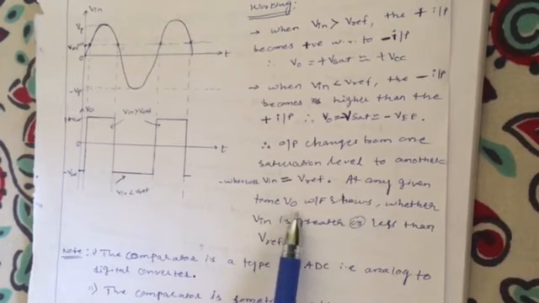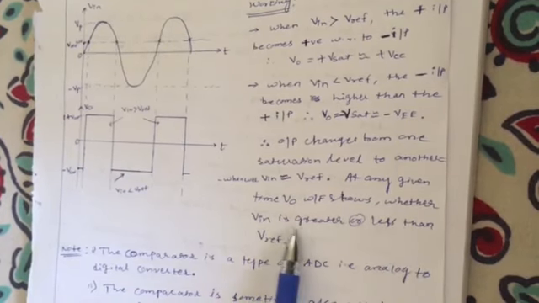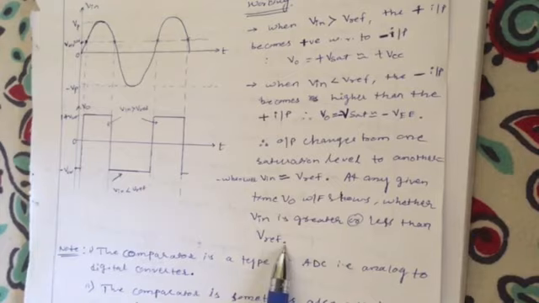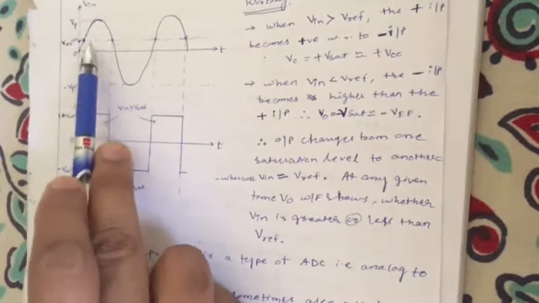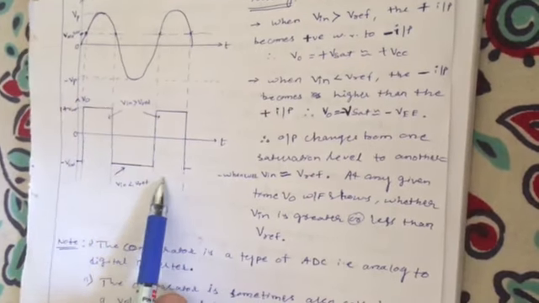At any given time, the V0 waveform shows whether Vin is greater or less than V reference. At any point of time, you can see, students, whether my input is greater than V reference or less than V reference.